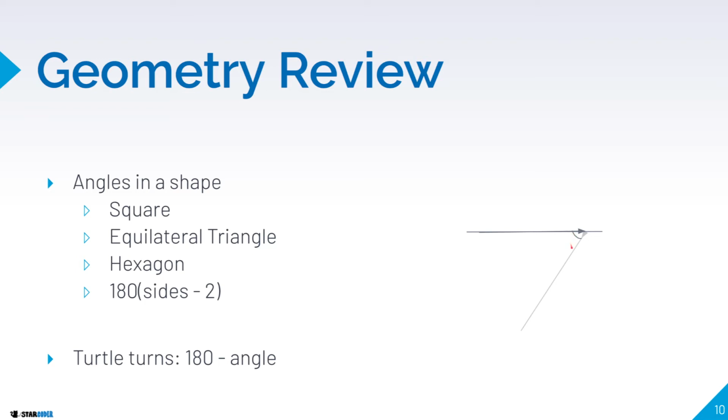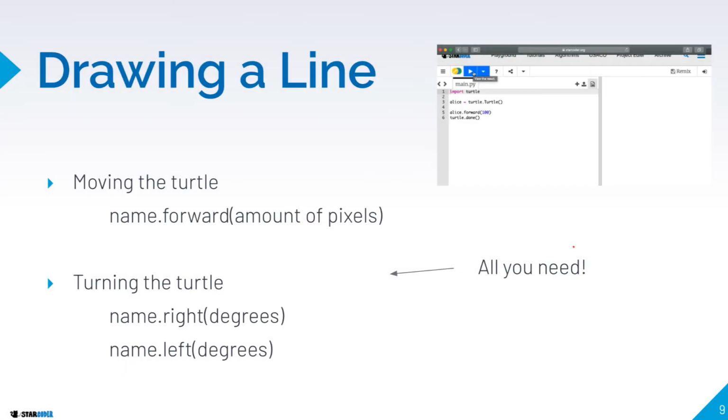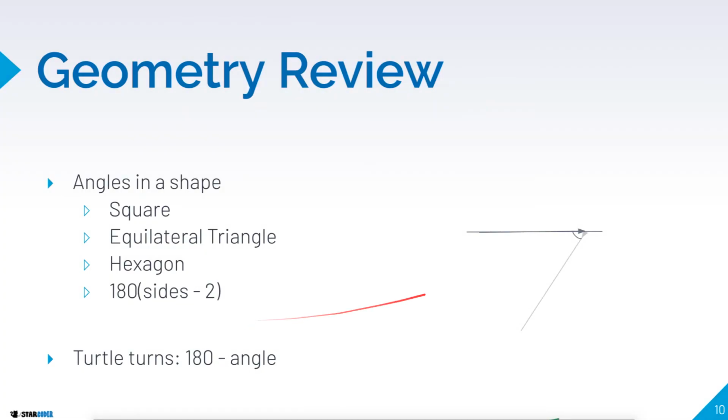So if this angle is 60, I would say, hey Python, turn left or right 180 minus 60, which is 120 degrees. So as we can see here, we would go turtle name dot right 120 degrees. And this would create, when we go forward again, this angle of 60 degrees.